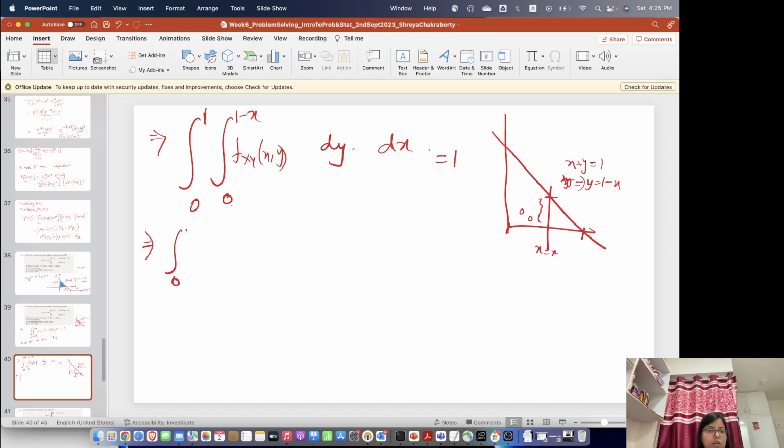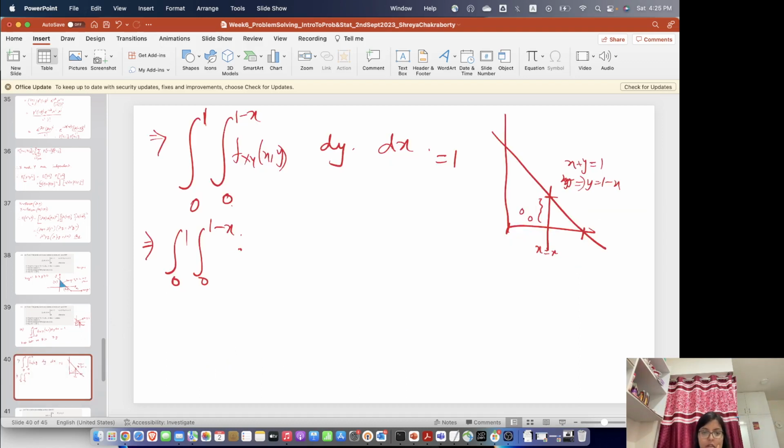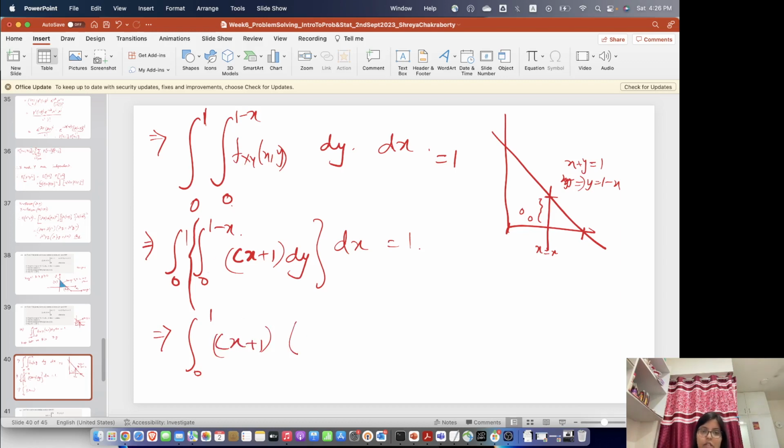Now we'll just solve: the integral from 0 to 1, and 0 to 1 minus x, of the PDF, which was cx plus 1, dy dx equals 1. This is integration over y, so it will be (cx plus 1) times (1 minus x) dx equal to 1.